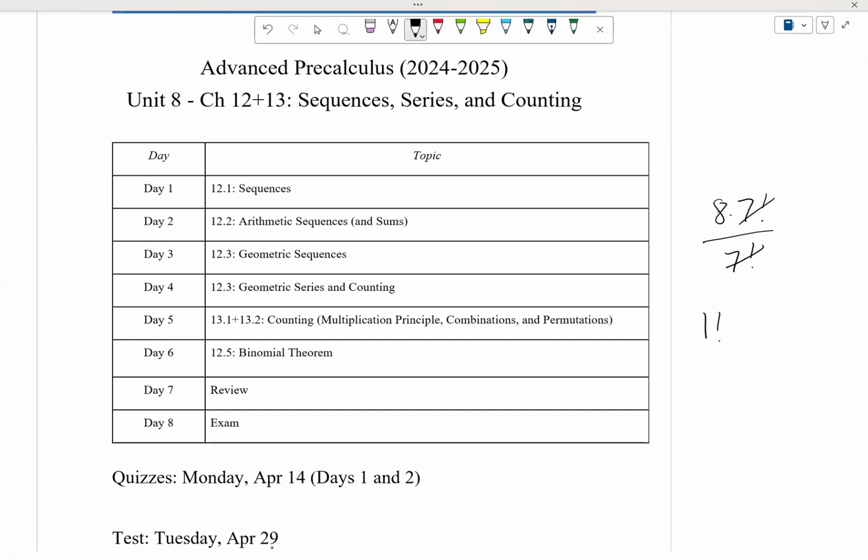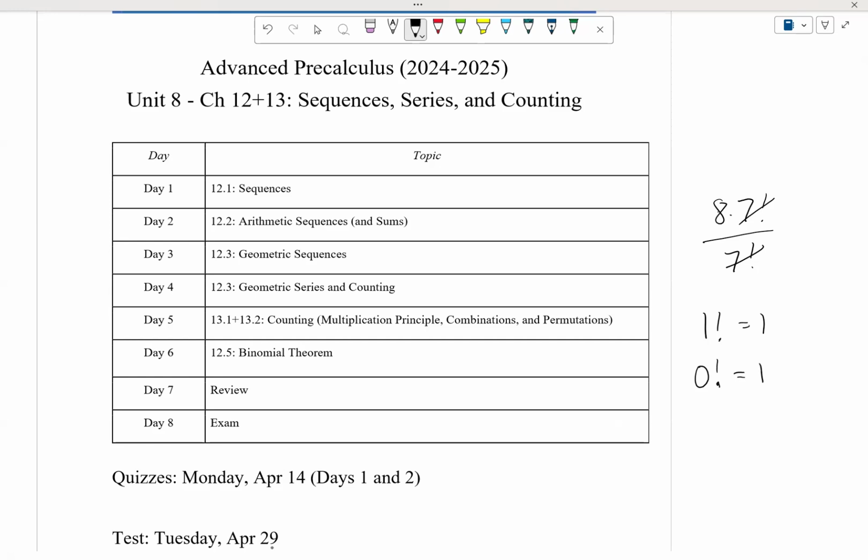So 1 factorial we know is 1, and that's about as small as we can go, isn't it, for factorials? Or is it? Dun, dun, dun. Could we go lower than 1 factorial? Can we do 0 factorial? No?